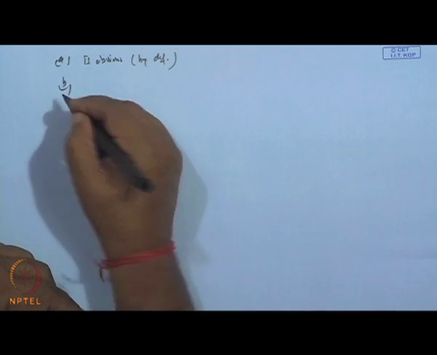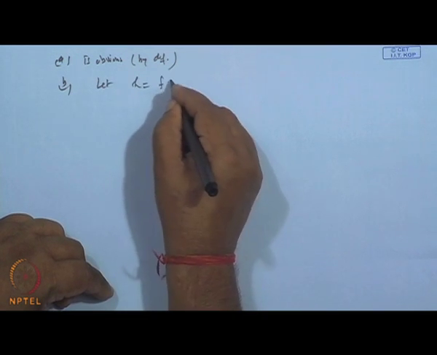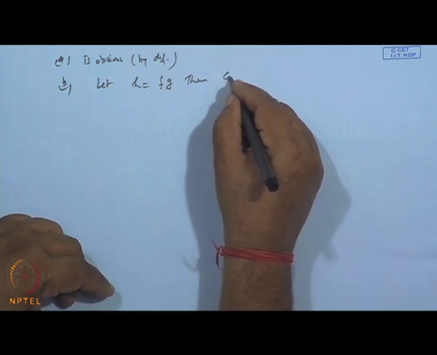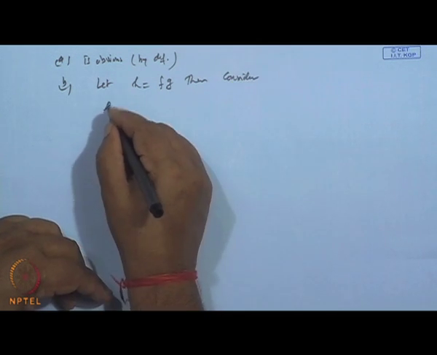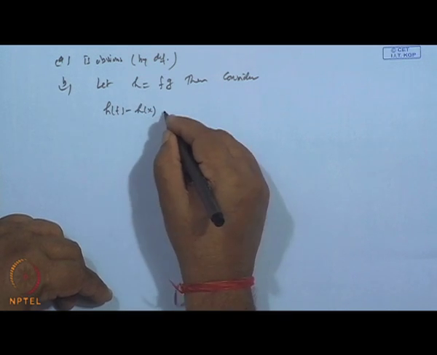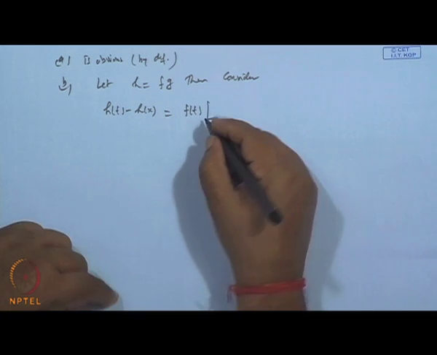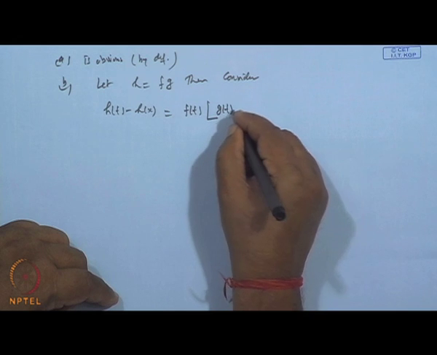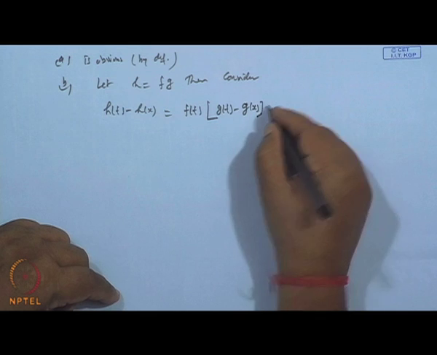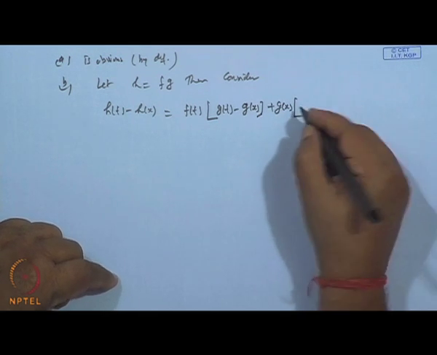For part B, construct h = f g. Consider the difference h(t) - h(x). This can be written as f(t) g(t) - f(x) g(x), and then plus g(x) into (f(t) - f(x)).